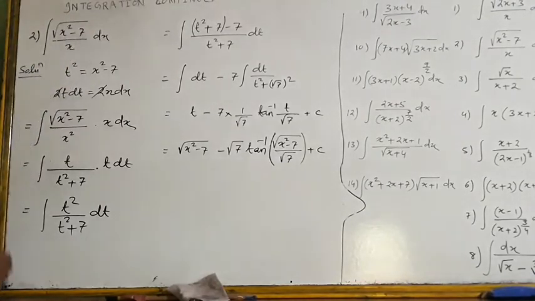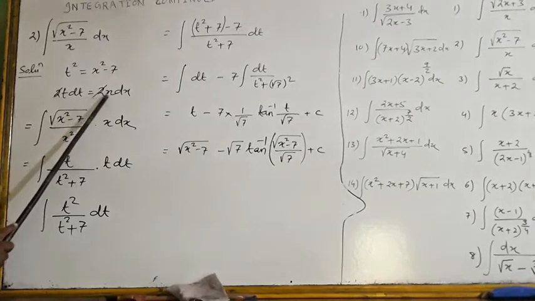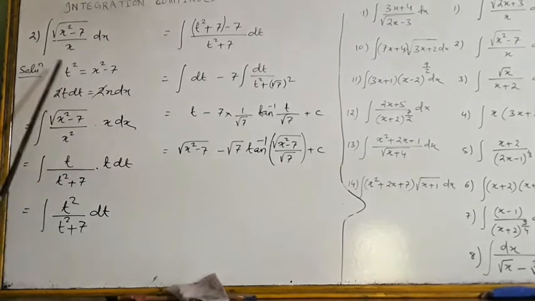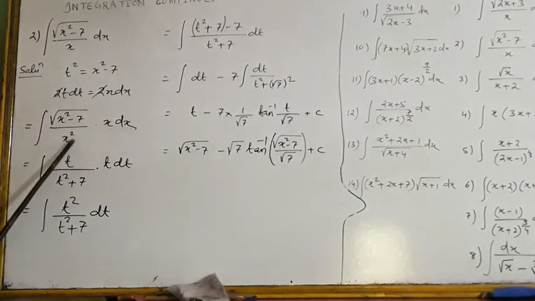So to eliminate the fraction power, we have to put t square is equal to x square minus 7. So 2t dt is equal to 2x dx. Then here it is dx, but I required x dx. So now I multiply x here. Then divide another x. So x dx is here, x square is here.